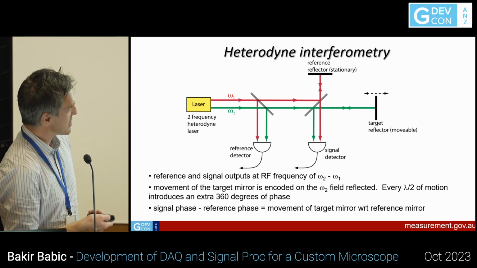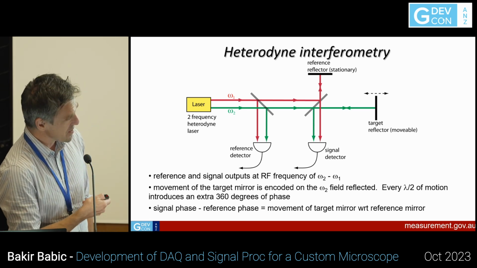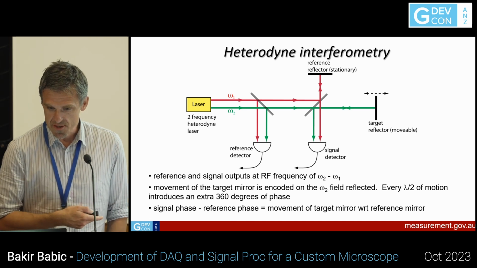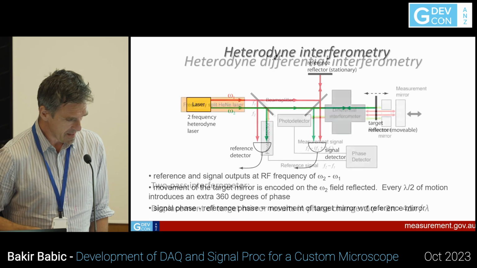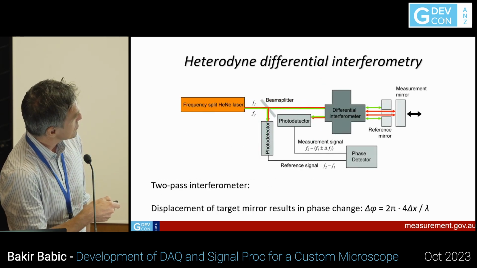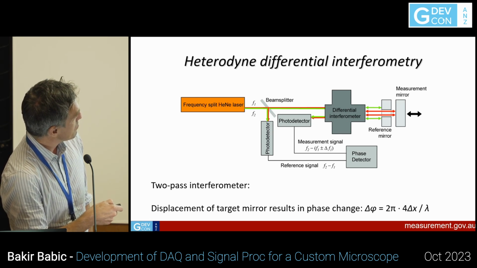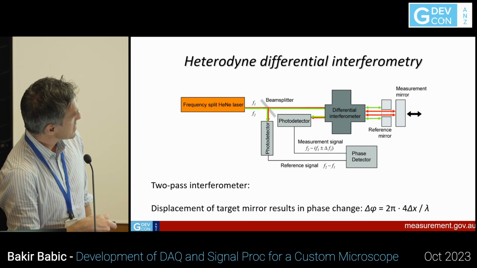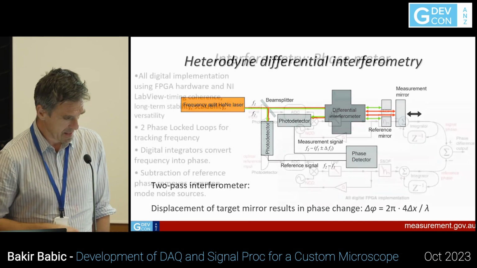So you have to build a digital phase meter, which tells you, from the phase difference between these two signals, what the displacement is. And in our case, we use a commercial interferometer, which is a double pass interferometer. And this is the generic formula for how you get the displacement from the phase.